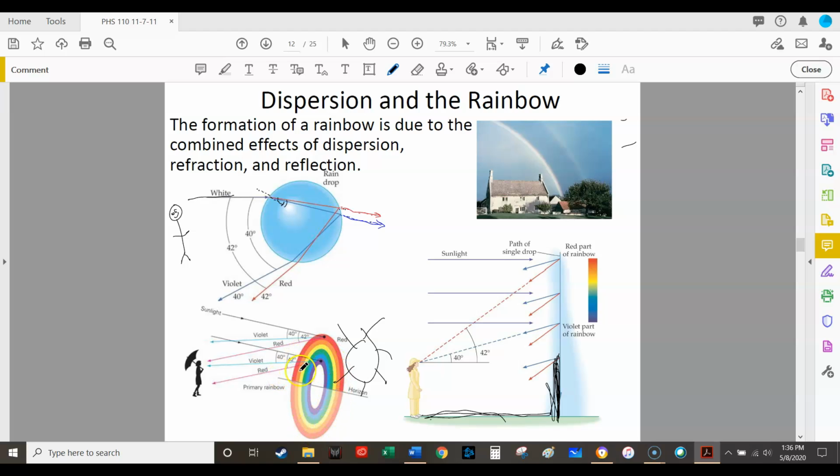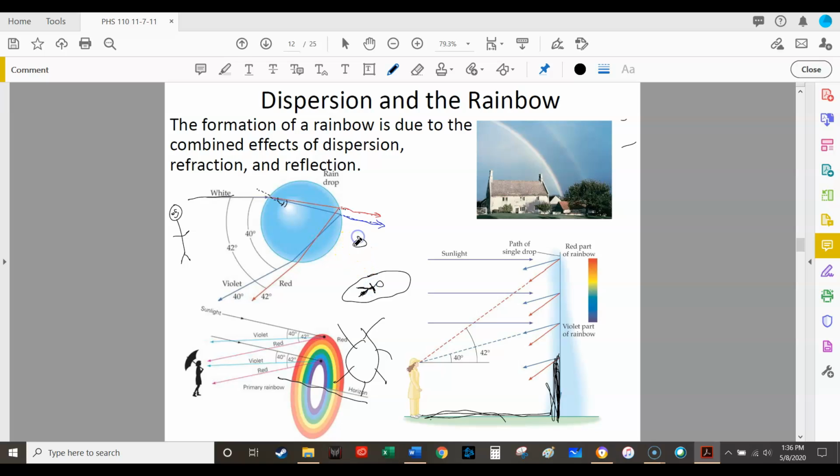Well, why don't you see a full rainbow? Well, the horizon is cutting off the lower half of the rainbow, right? If you were above, like flying in the air, and it was raining below you, you would see a full rainbow below you, and you would see your shadow right at the center of the rainbow, right?